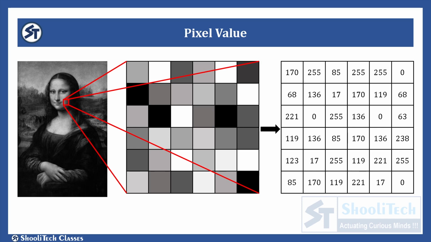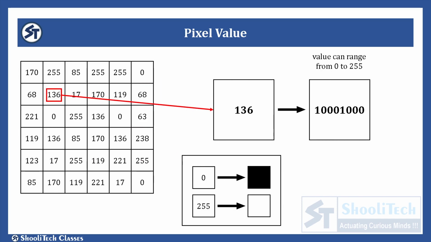The most common pixel format is the byte image, where the pixel number is stored as an 8-bit binary number, giving the range of possible values from 0 to 255. Typically, 0 is taken as no color or black and 255 is taken as full color, meaning white.